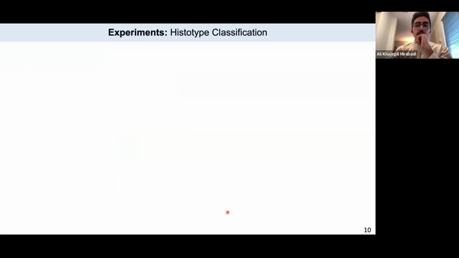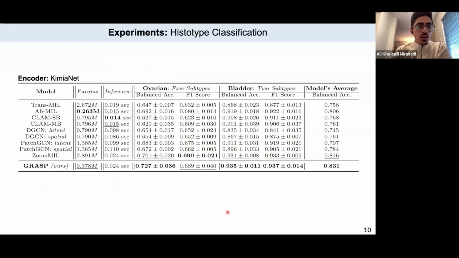So for the task of histotype classification, we used KimiaNet, but for benchmarking in this task, we didn't use TCGA ESCA. The reason is that KimiaNet was trained in a supervised way on TCGA data, so to prevent any data leakage, we dropped the TCGA data for this set of experiments.